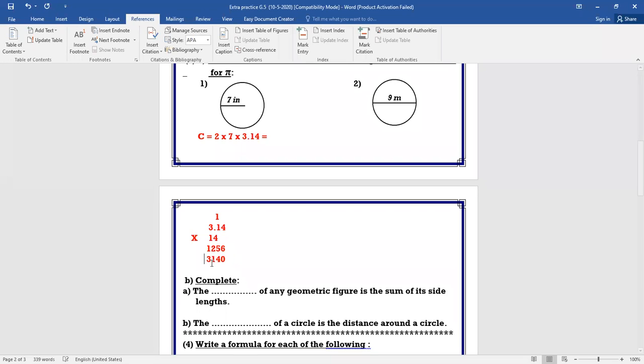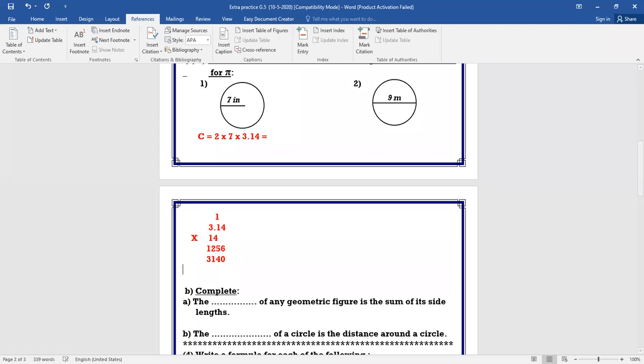Now add: 6 plus 0 equals 6. 4 plus 5 is 9. 2 plus 1 is 3. 1 plus 3 is 4. And the decimal point goes after 2 digits. It will be 43.96 inches.